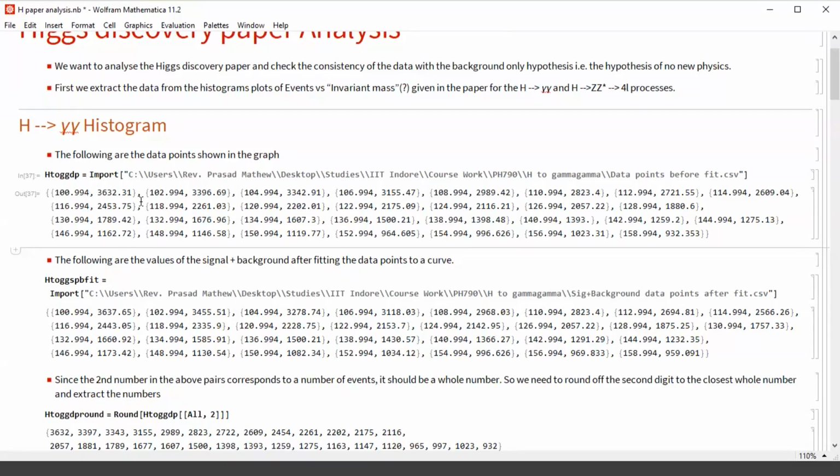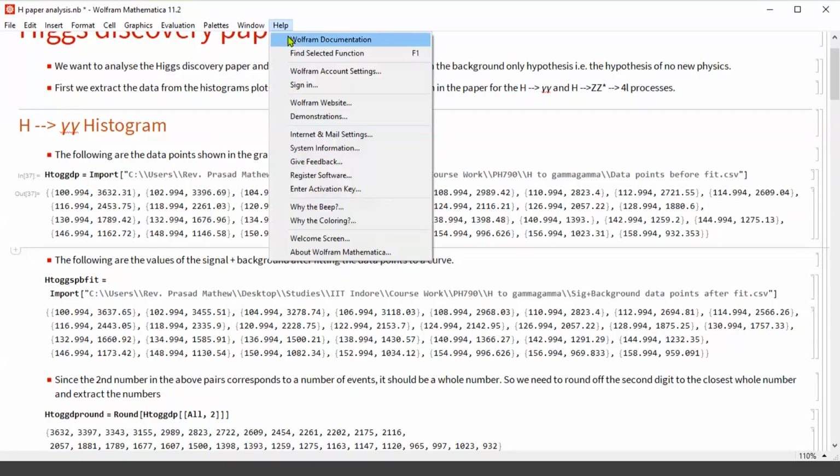So you have a bin of width 2 actually. So 101, 103, 105, 107. That's how you are going. So you have a bin width of 2. Now you should be able to plot, right? Just go to the mathematical help and figure out how to use histograms. Okay.